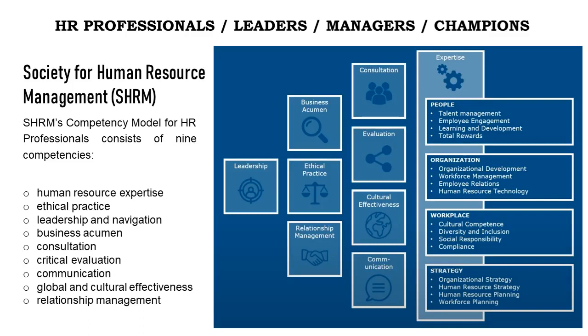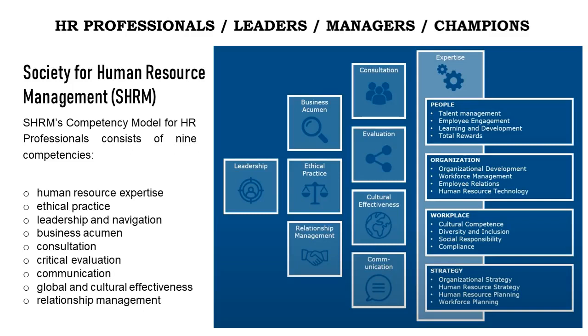SHRM's competency model for HR professionals consists of 9 competencies. Of course, our HR managers, leaders, champions, and professionals should also be competent so that they could implement the competency-based human resource management successfully.